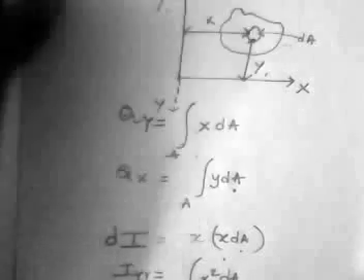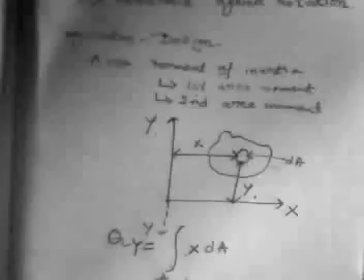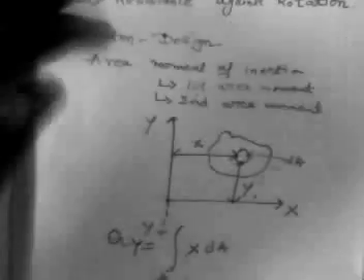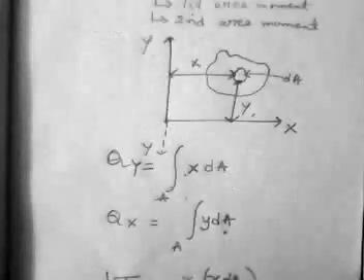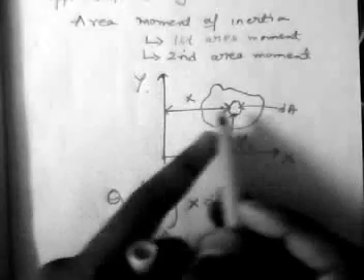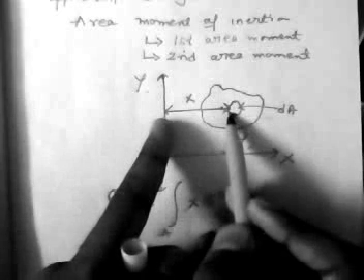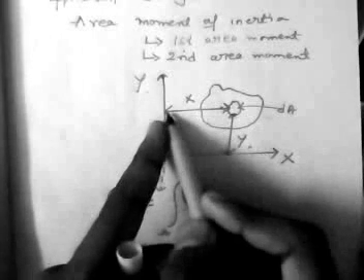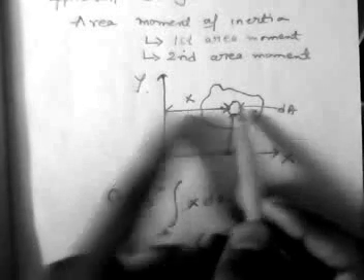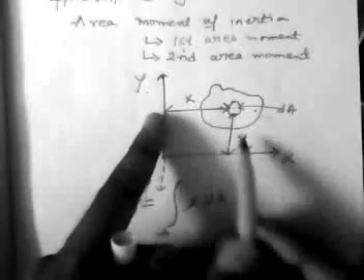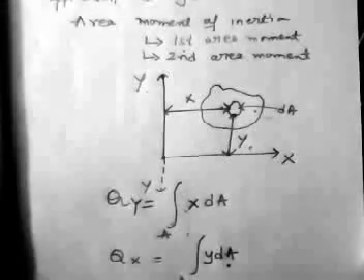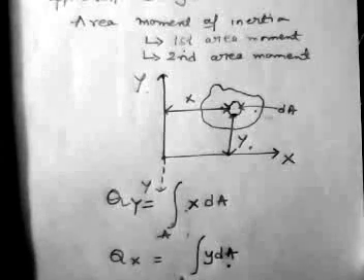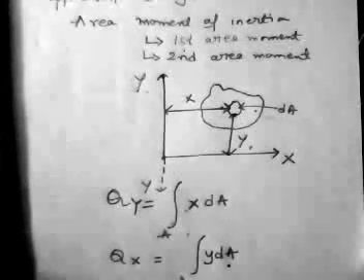This moment of inertia signifies the resistance against rotation. So this is the area, and this is the distance from the y-axis, and area into distance squared will give you the moment of inertia of that area about the y-axis.